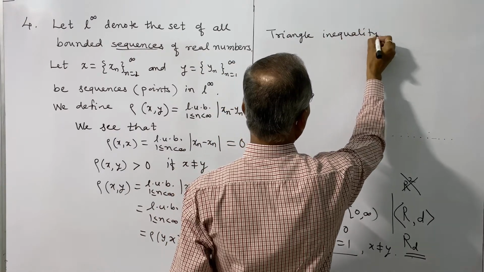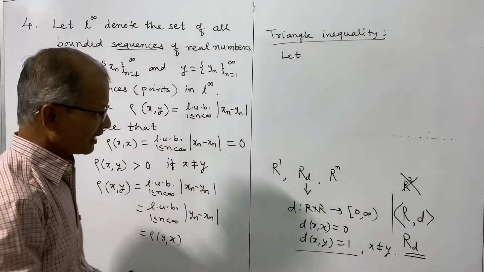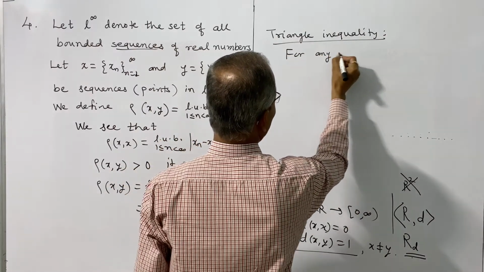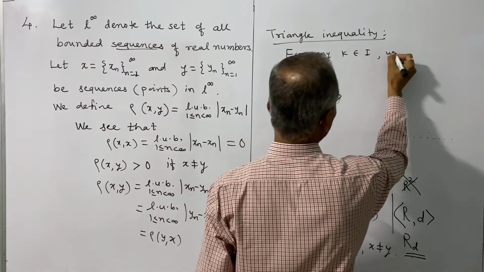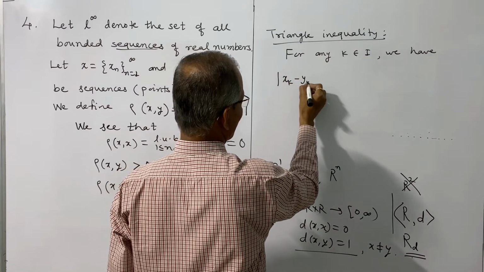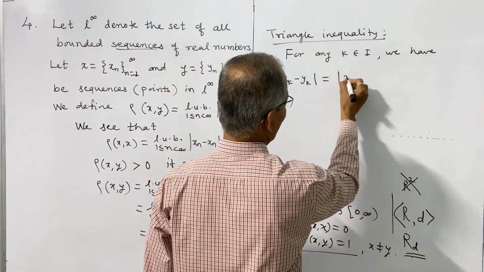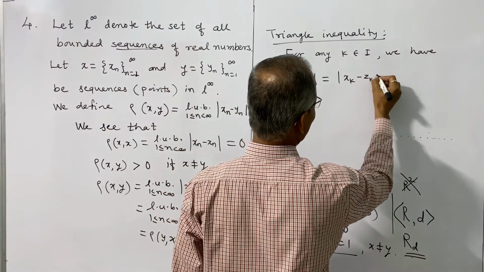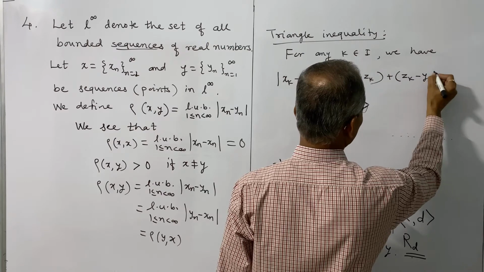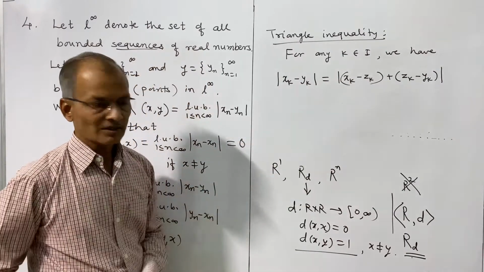To verify it, we consider any k as a positive integer, any k belongs to I. We have the absolute value of xk minus yk, which can be expressed as the absolute value of xk minus zk plus zk minus yk. Now it is easy to verify that this cancels and the value is the same.